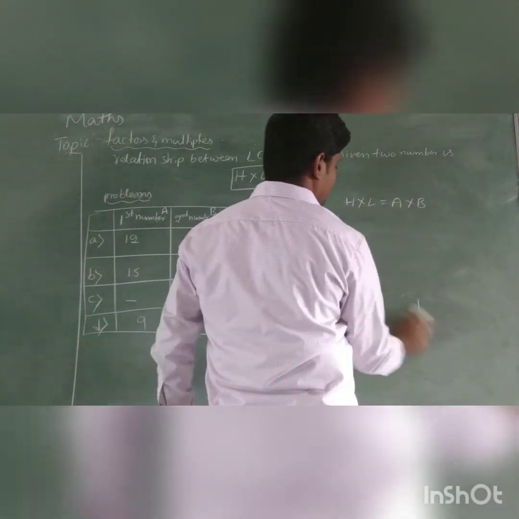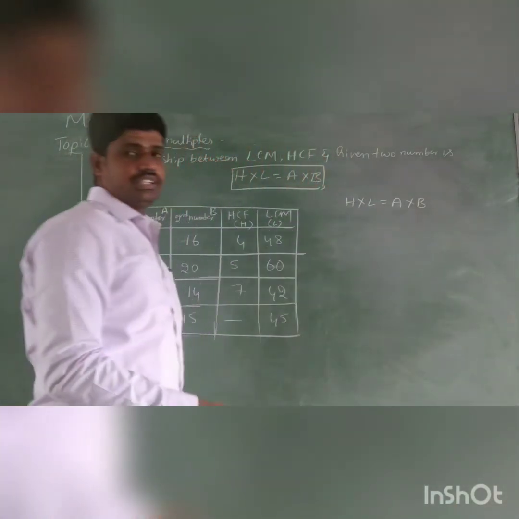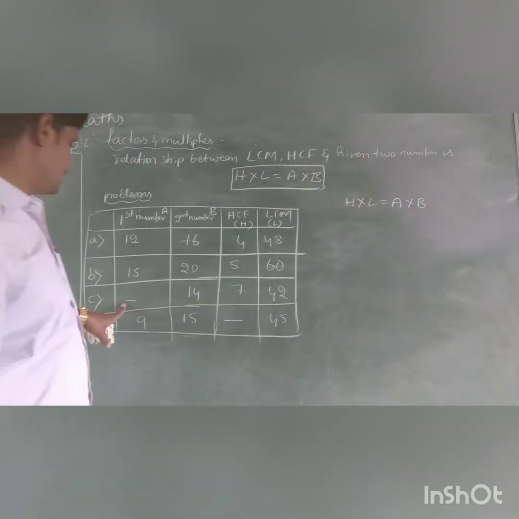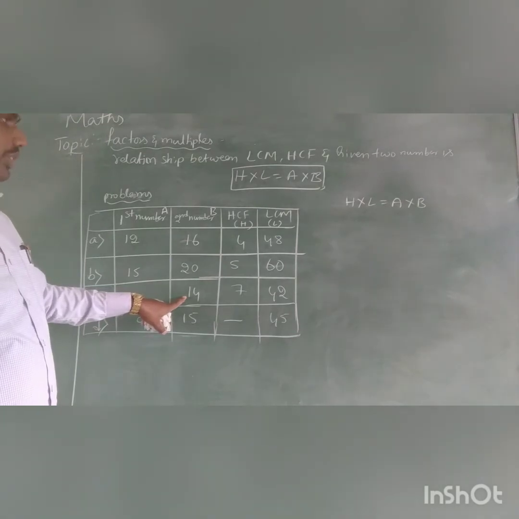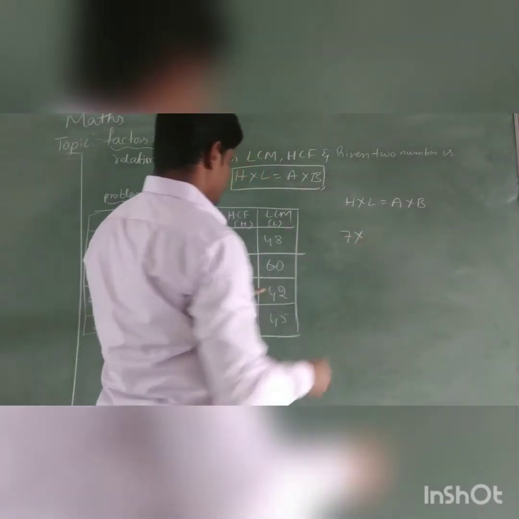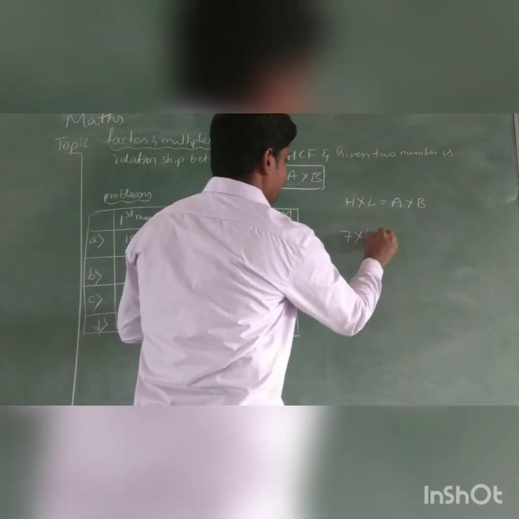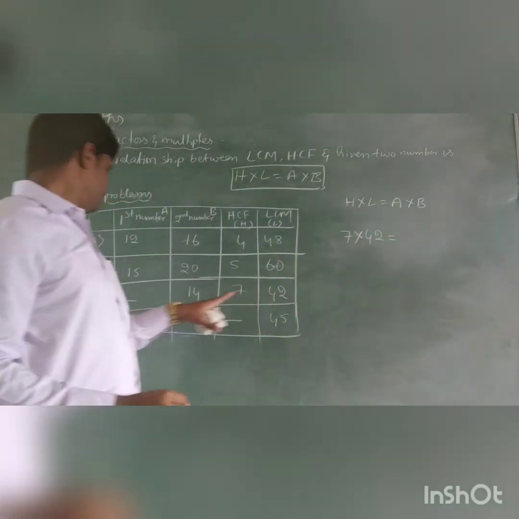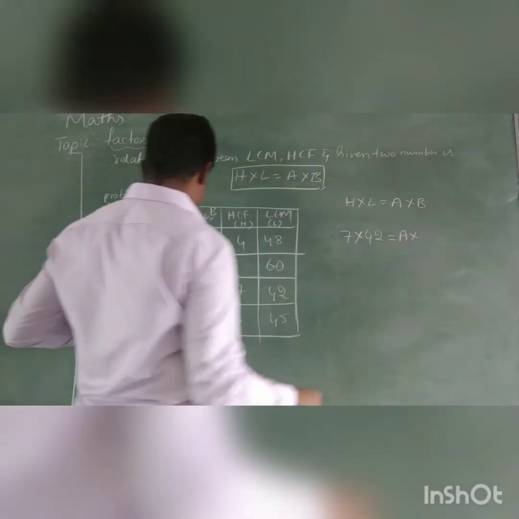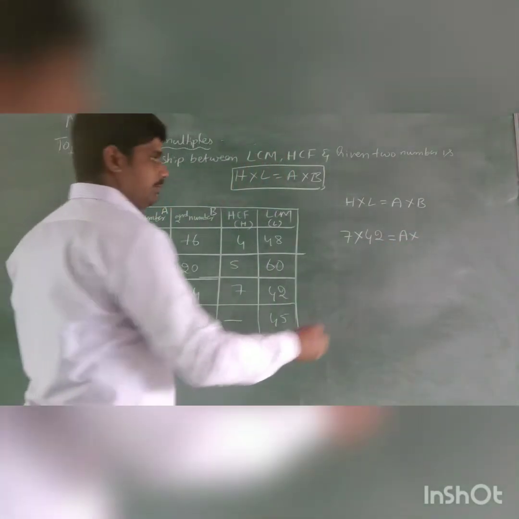First we should write the relationship: H into L is equal to A into B. In this problem, the A value is not given, so write it as it is. B value is 14, H value is 7, L value is 42.